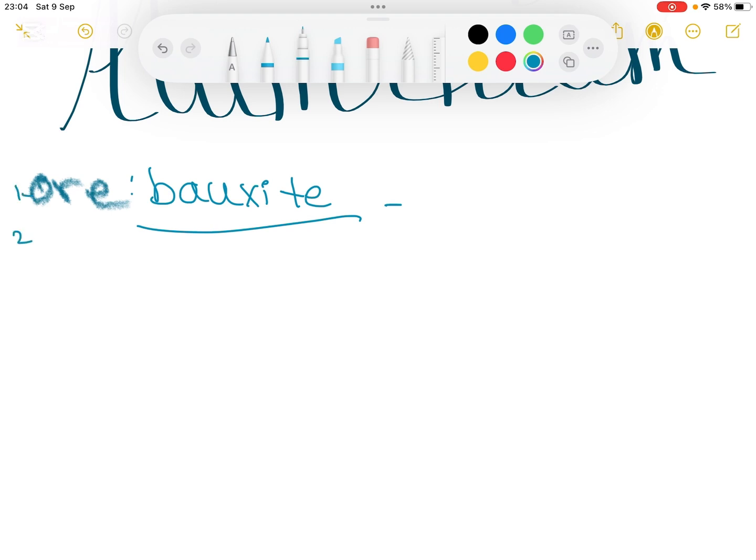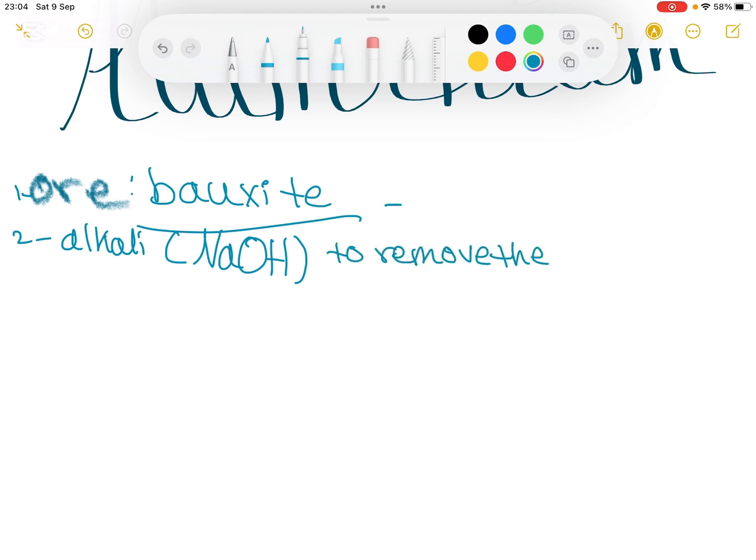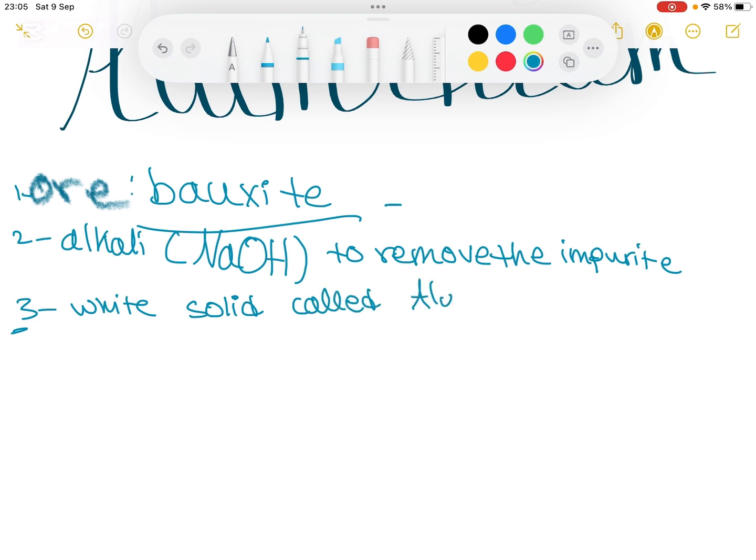The extracted aluminium oxide is then treated with an alkali, maybe sodium hydroxide, to remove the impurities. This results in a white solid called alumina, or aluminium oxide.